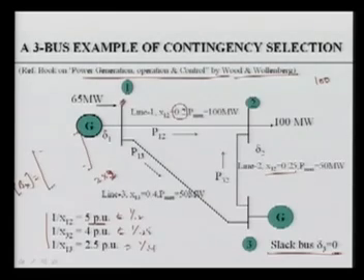At bus 1 it is the summation of all the lines that are going from that bus. So B11 will be 1 over x12 plus 1 over x13, meaning the sum of the admittances of the lines connected at bus 1. So here 1 upon 0.2 plus 1 upon 0.4: 5 and 2.5 are added, so it will be 7.5.